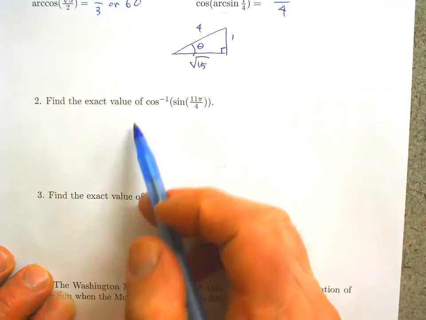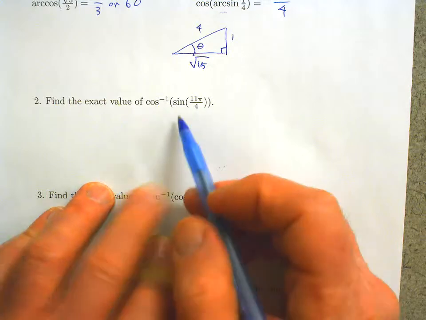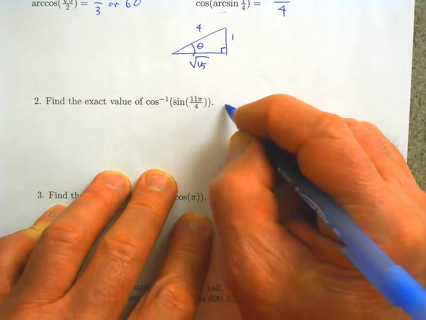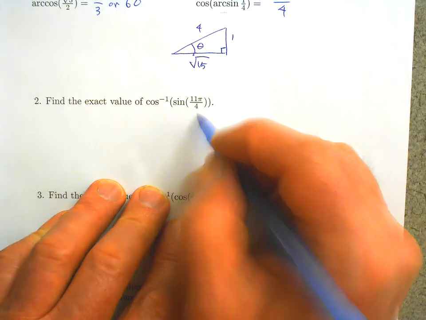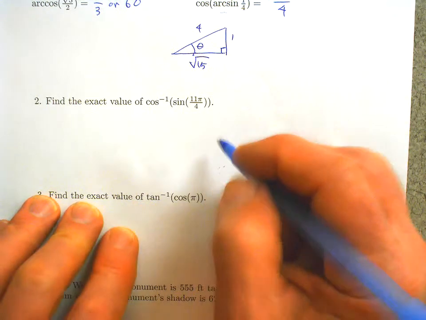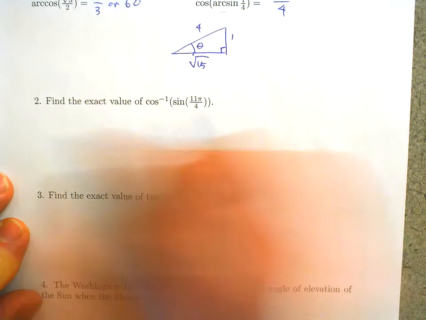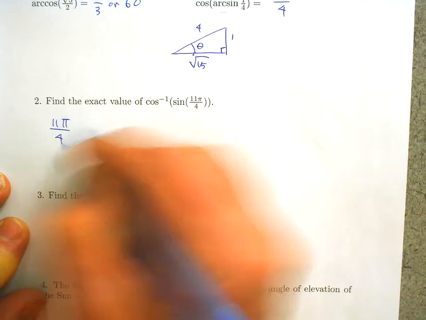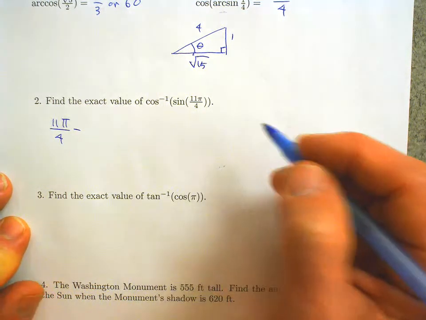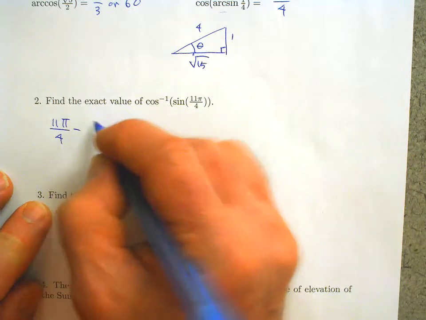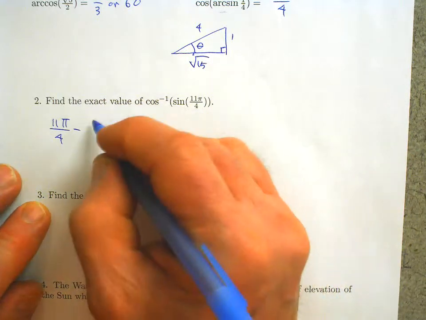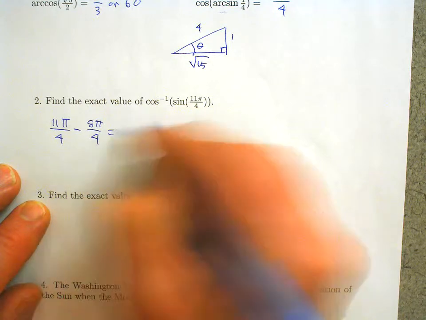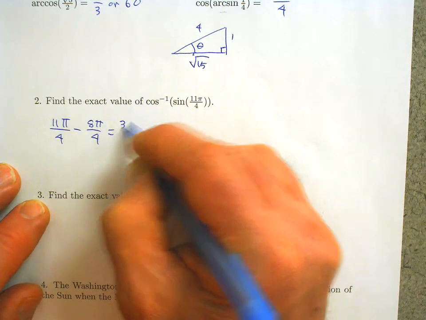Find the exact value. The inverse cosine of sine of 11 pi over 4. So find sine of 11 pi over 4. Well, 11 pi over 4 is bigger than 2 pi, so you can subtract 2 pi or 8 pi over 4, and you get 3 pi over 4.